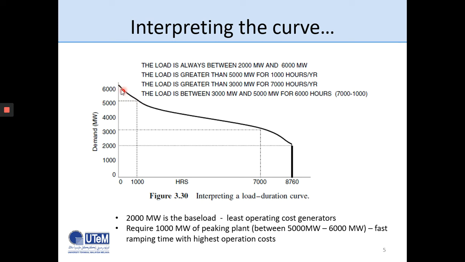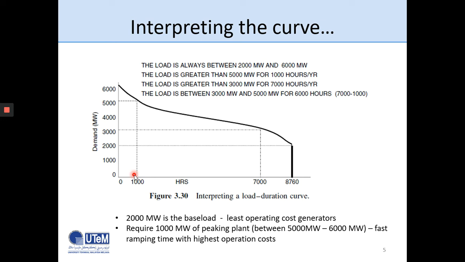The value for 1,000 hours here, we need to supply between 6,000 to 5,000. So this one is only 1,000 hours throughout the whole year. So for this one, we need to have what we call a peaking plant.